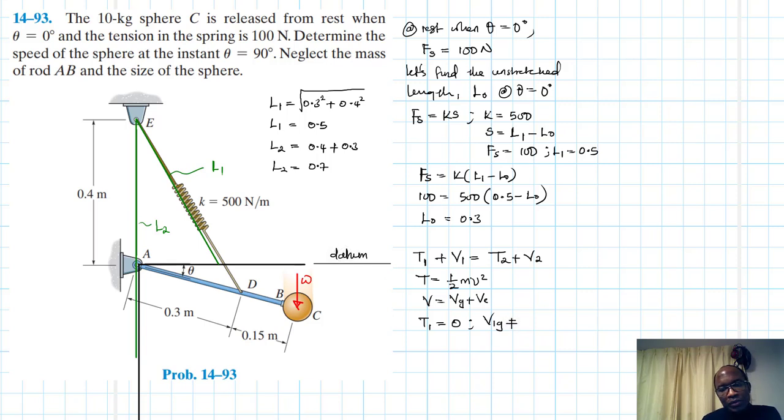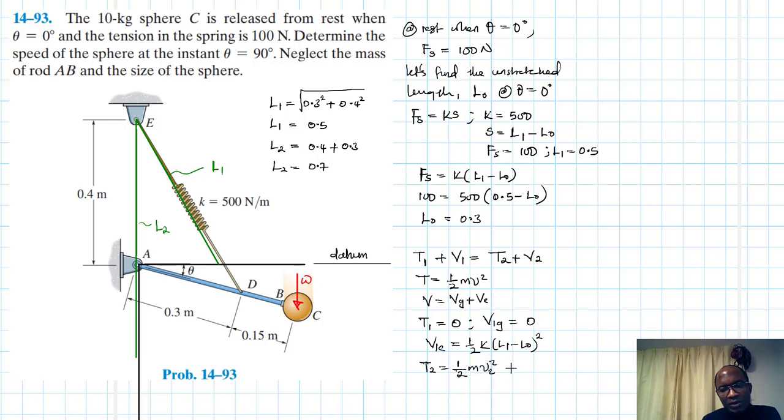So V1G, which is gravitational potential energy, is just equal to 0. And then V1E, elastic, is just half k times L1 minus L0 squared. Then we have T2, the kinetic energy.